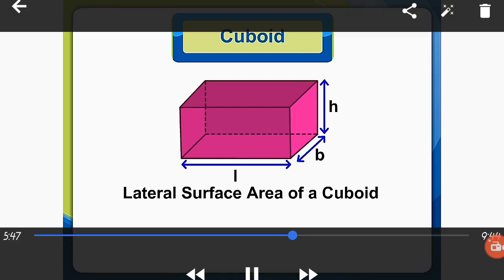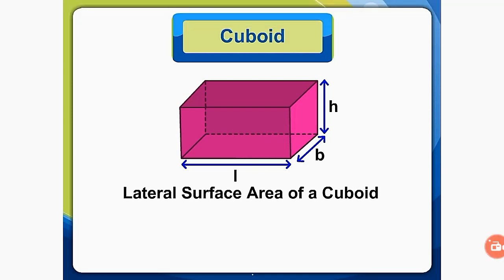The lateral faces of the cuboid are the front face, back face and the two side faces. We know that front face and back face are identical, so they will have equal area. And the two side faces are also identical, so they have the same area. So the lateral surface area of this cuboid can be calculated as the sum of front and back faces and also the two side faces.